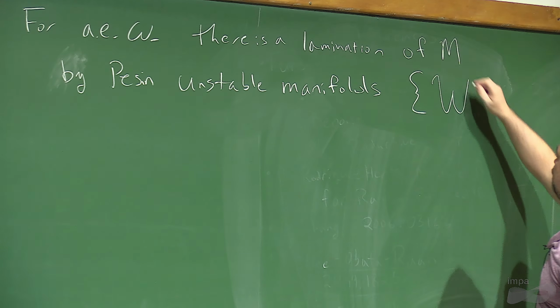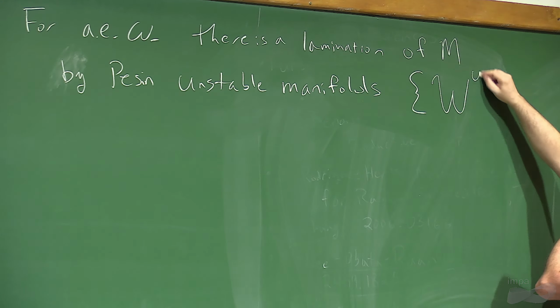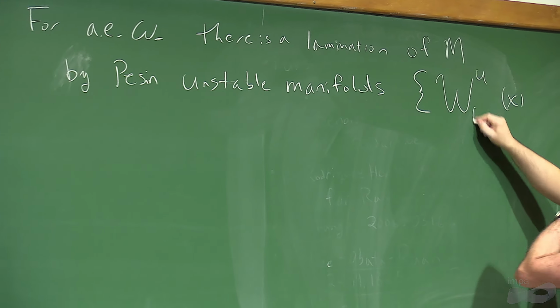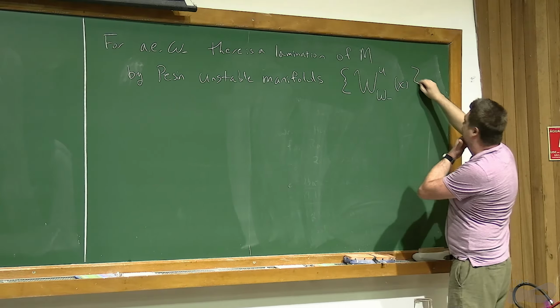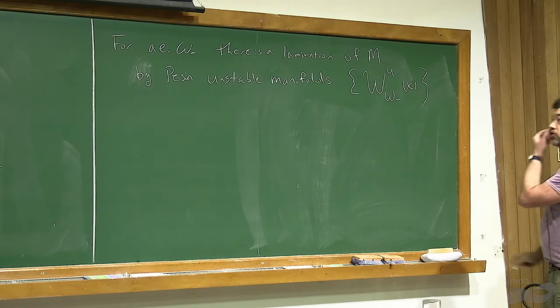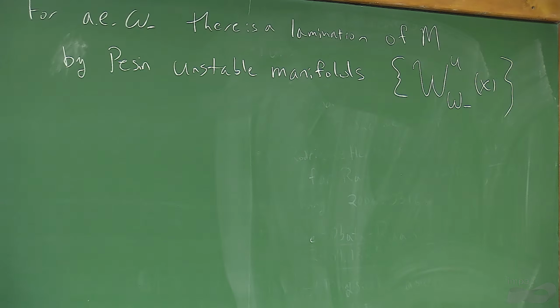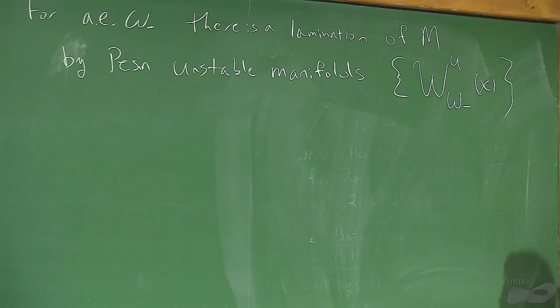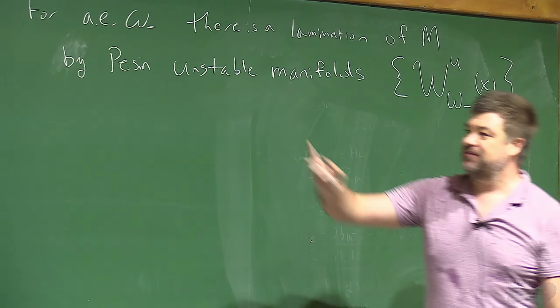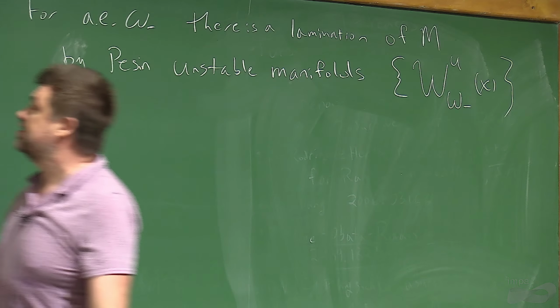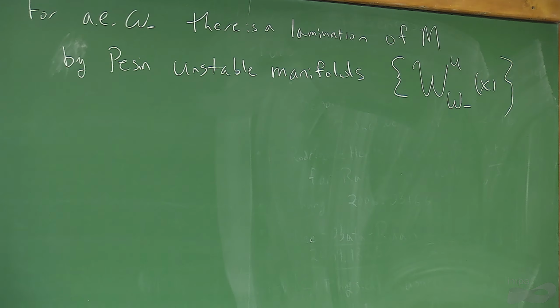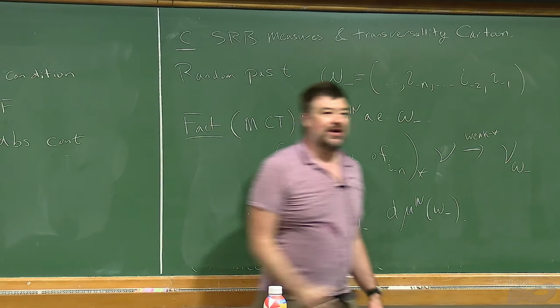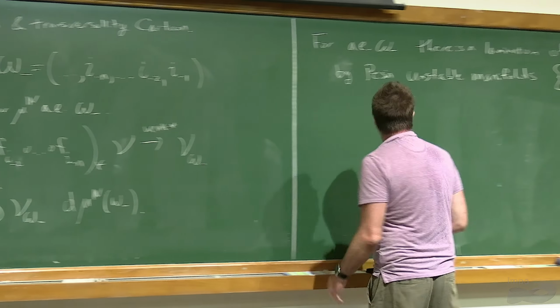And so through almost every point, you'll have some curve. But the curve will see exponential contraction in the past, but it depends on the choice of the past. So as you do different pasts, you'll have different laminations. And I'm not going to define what these are because they aren't so important, except I want to give you a flavor of what the SRB is and at least a cartoon of why you might believe this kind of theorem. And then I'll try to convince you more carefully.